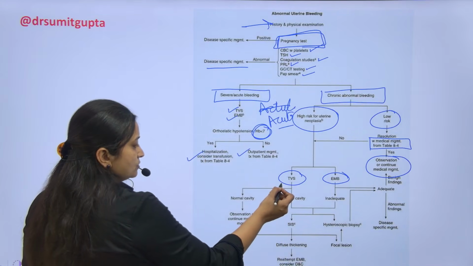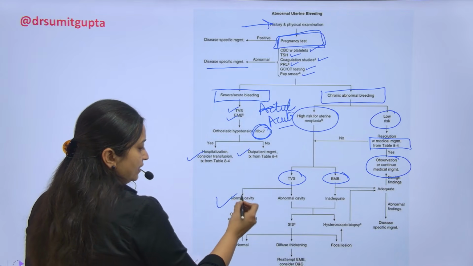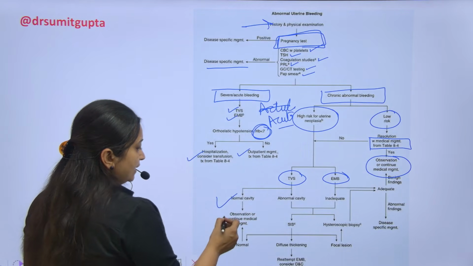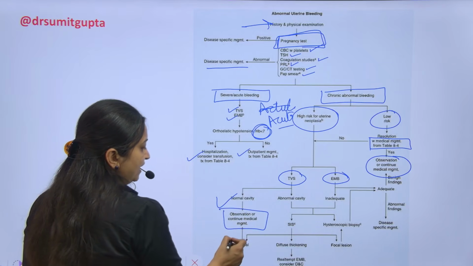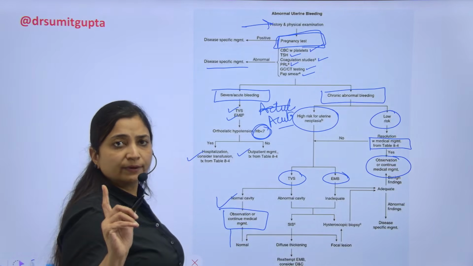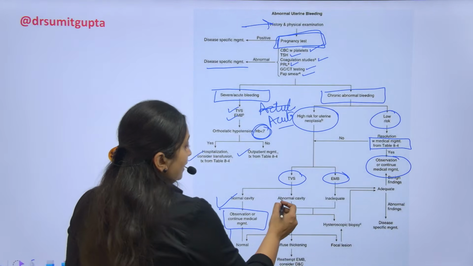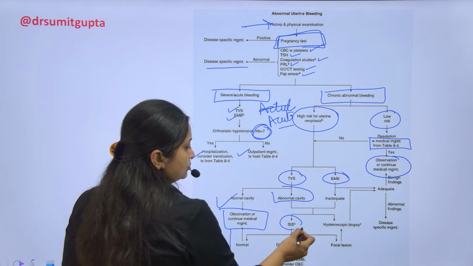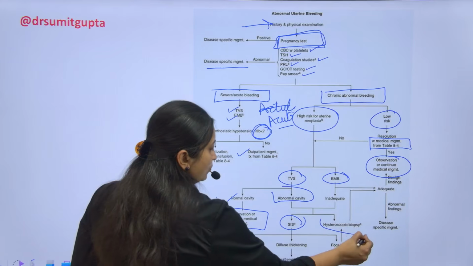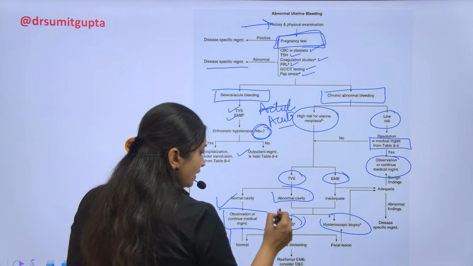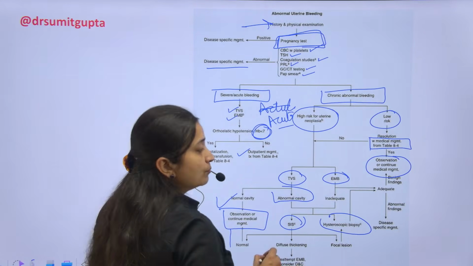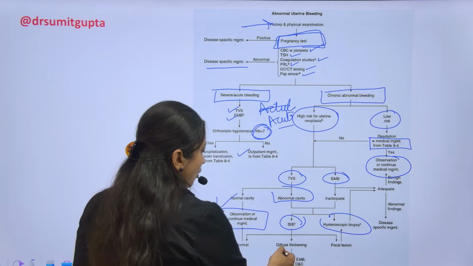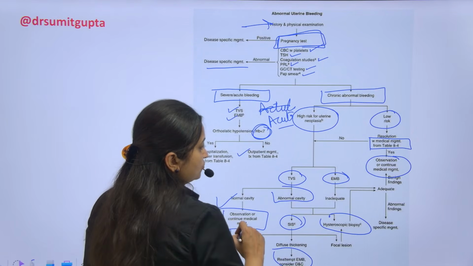If in the transvaginal sonography there is a normal cavity and nothing to be said, then you continue the medical management and try to manage the patient on it. But if there is an abnormal cavity, then go for saline infusion sonography or hysteroscopy guided biopsy. Depending on the result, proceed with surgical management or medical management.